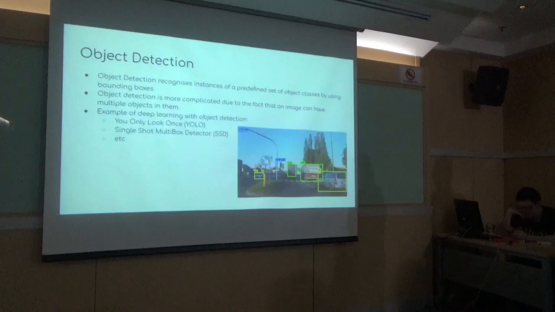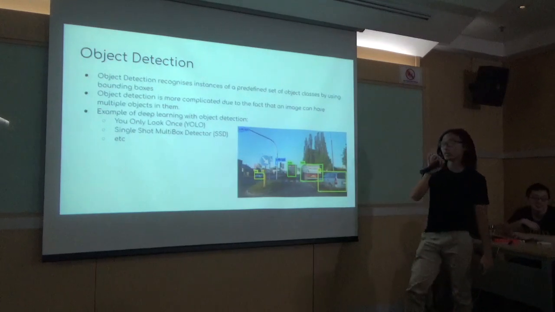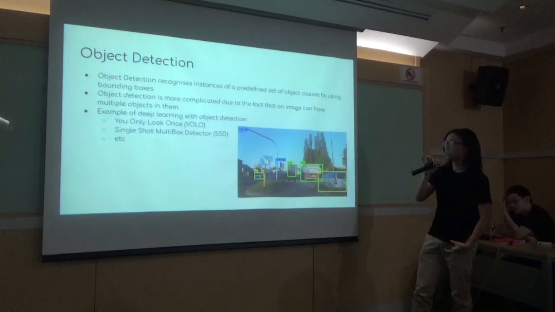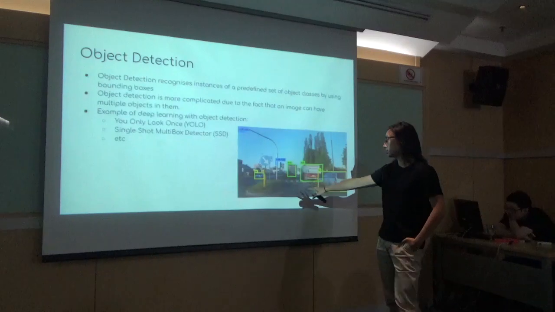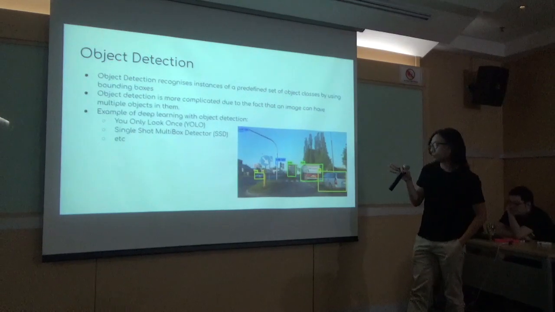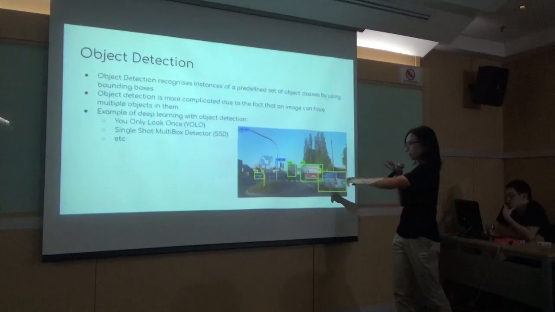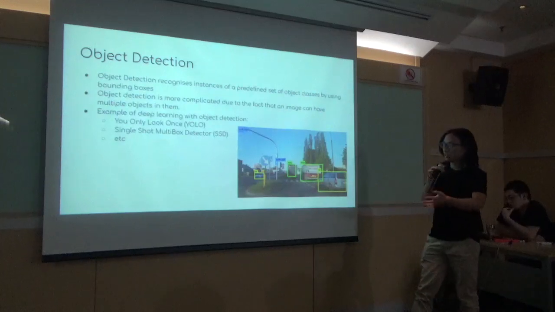So I'll be explaining about object detection. Object detection recognizes a predefined set of object classes by using bounding boxes. So the purpose is, as you can see in the picture, to recognize the object between the subjects.